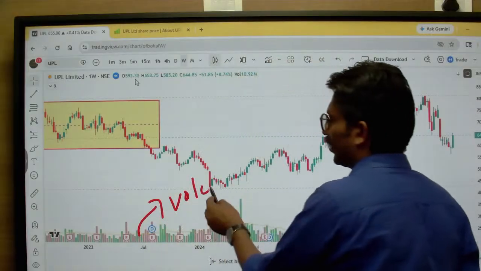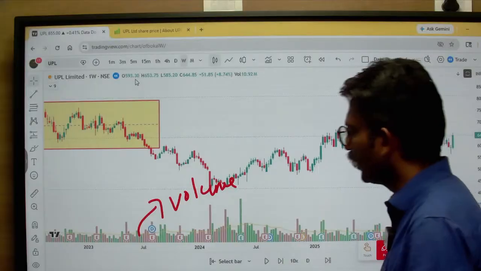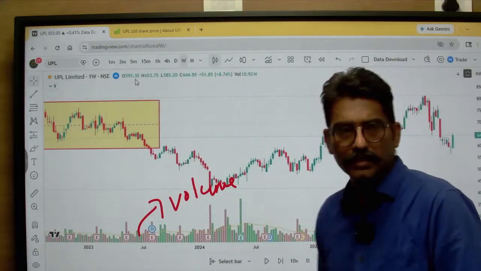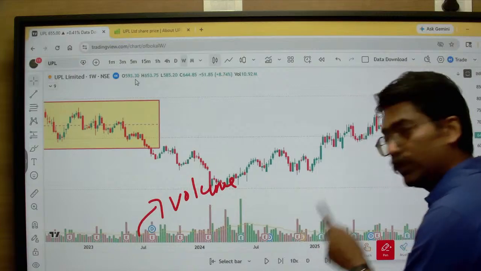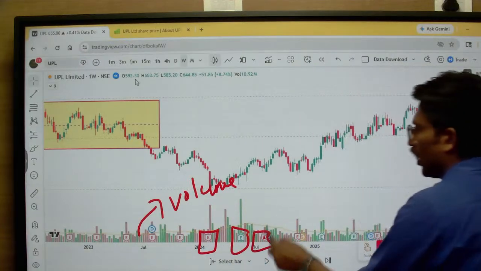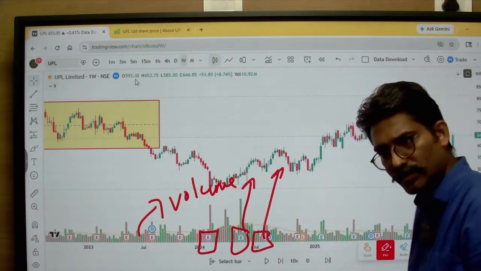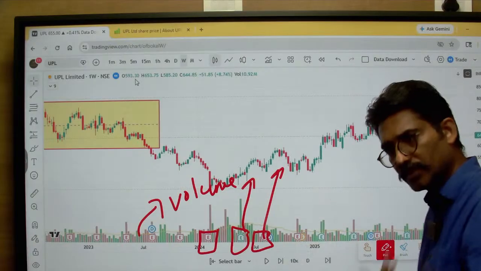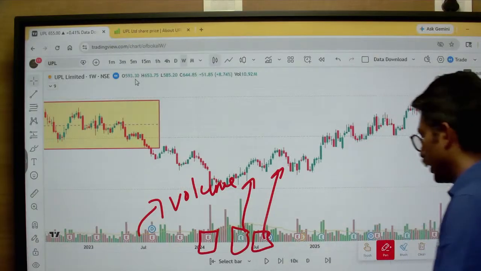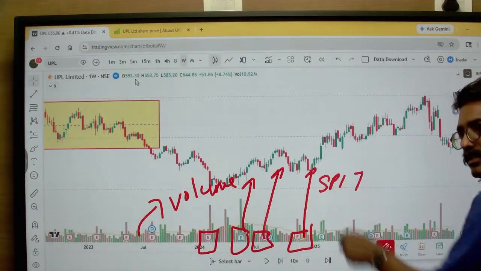What are the other factors which impact? Because we are not studying volume here. Today's topic is not volume. Today's topic is not technical analysis. Today's topic is EPS. So I am bothered about this one. All my corporate actions, so earnings, have an impact on the stock prices. If you have good earnings, the stock prices may go up. If you have bad earnings, possibly the stock will go down sooner or later. Then you also have split here. Split shares.